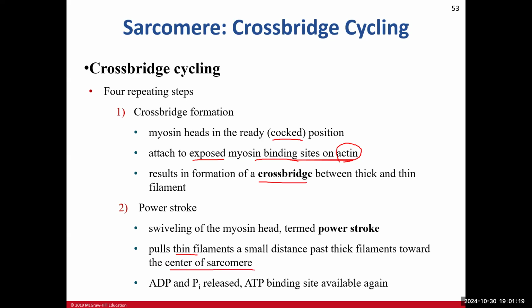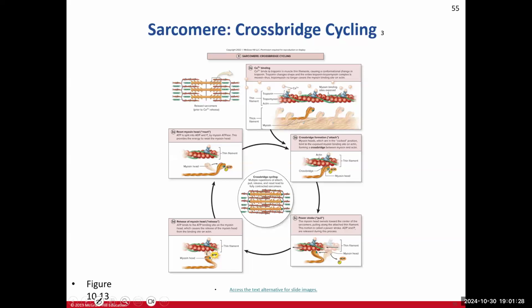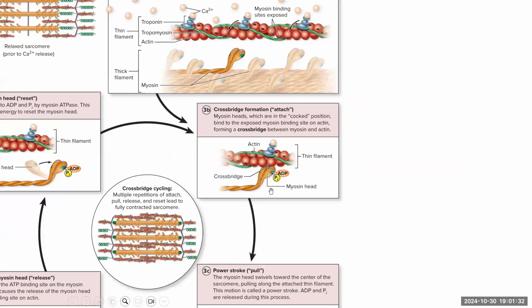Now, here's where ATP comes into play. I'll come back to this slide. If you notice, at step one here during the cross bridge formation, there's no ATP bound onto the myosin head.